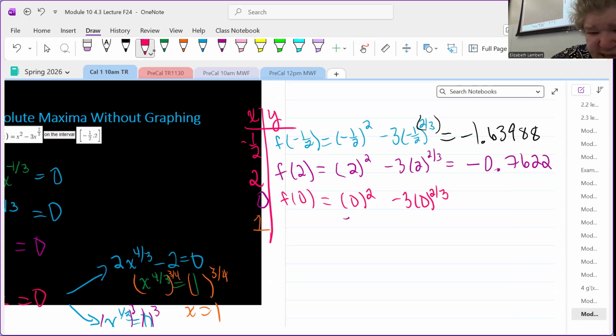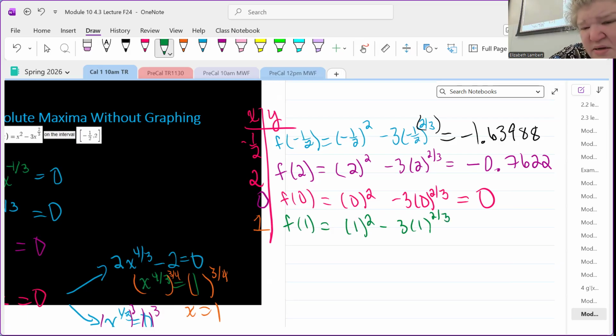So 0 squared is 0, minus 3 times 0 to the 2/3, also 0. So we get a lovely 0 value there. So 1 squared is 1, minus 3 times 1 to the 2/3. So 1 minus 3 is negative 2.